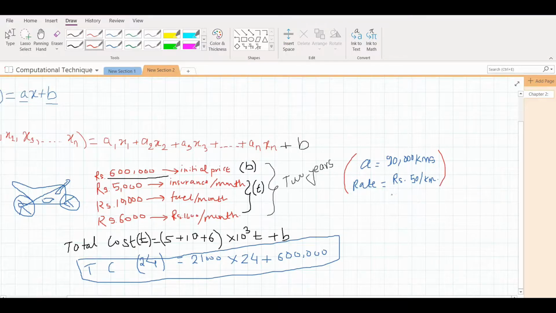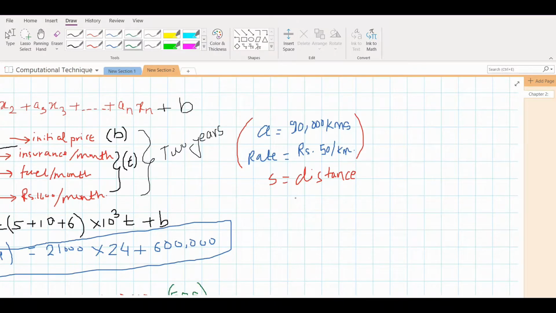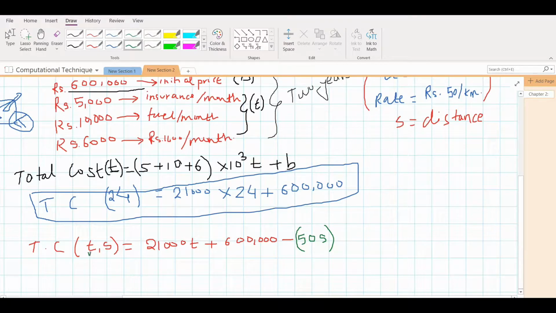And then if we include this distance s as a variable, then your equation will be modified into this, where s is the distance the guy who has rented your vehicle has traveled. So in here we have two variables, t and s.